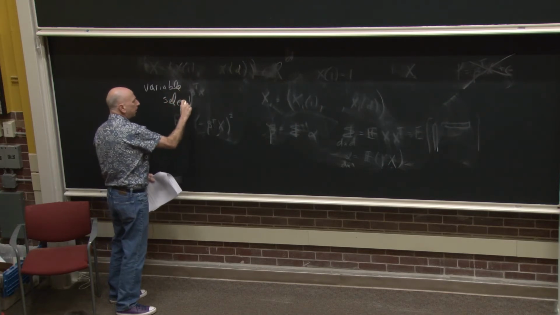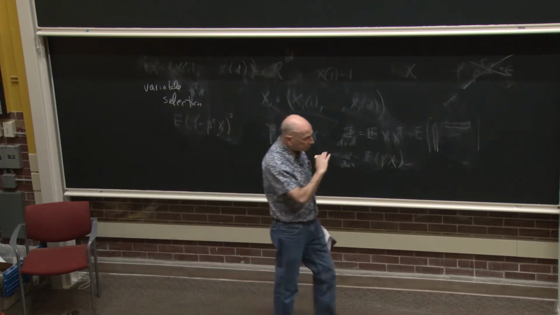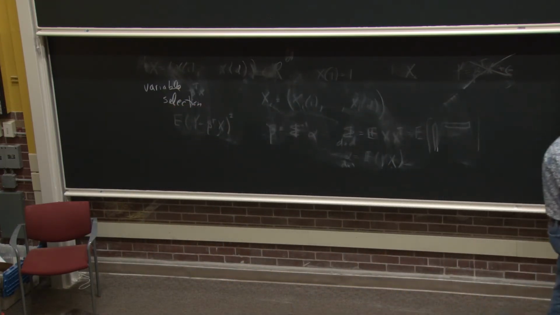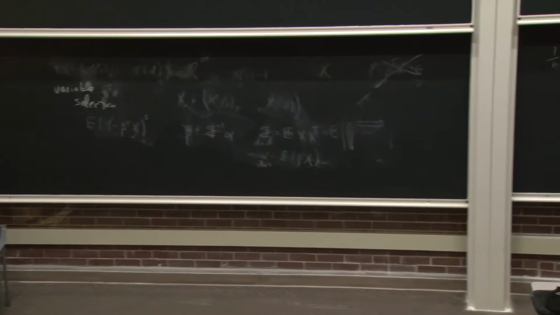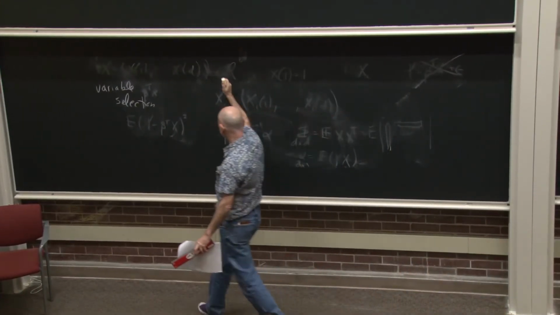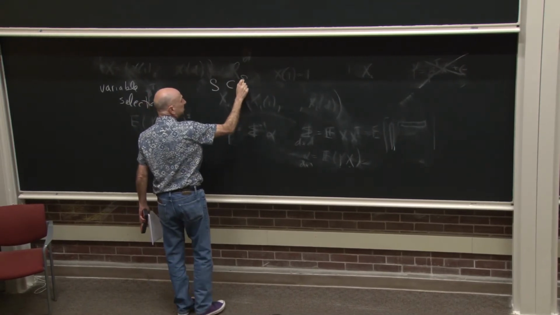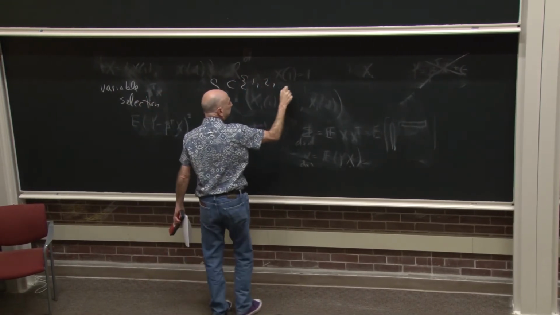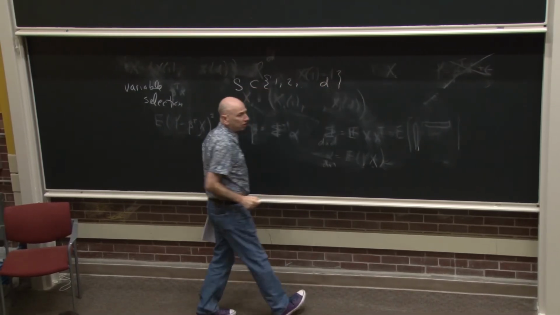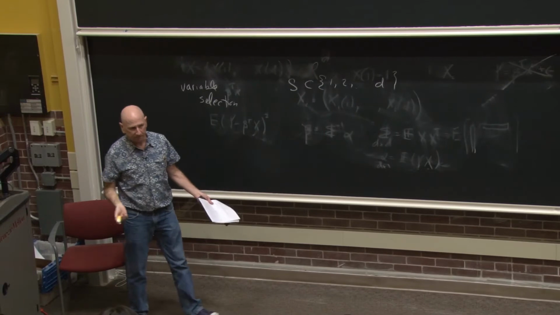So there's another solution to this problem of having too many variables. Instead of shrinking them all, an obvious thing is choose a subset of them. So what we would do is somehow use the data to choose a subset S of the covariates. Say pick 10 of them or 11 of them.